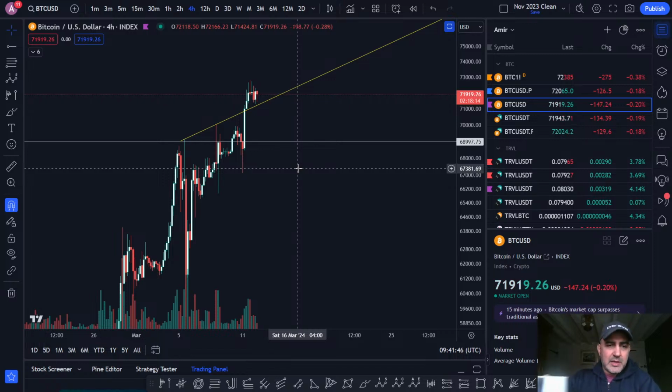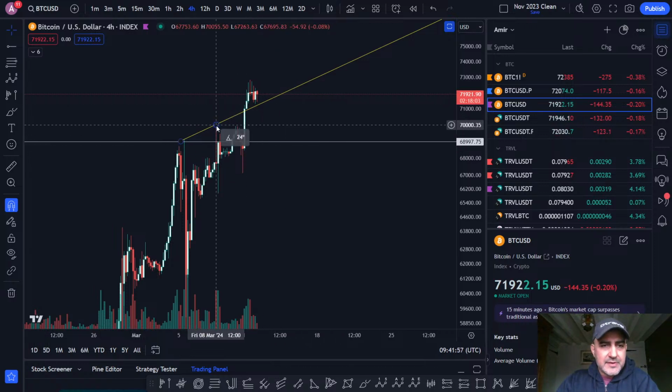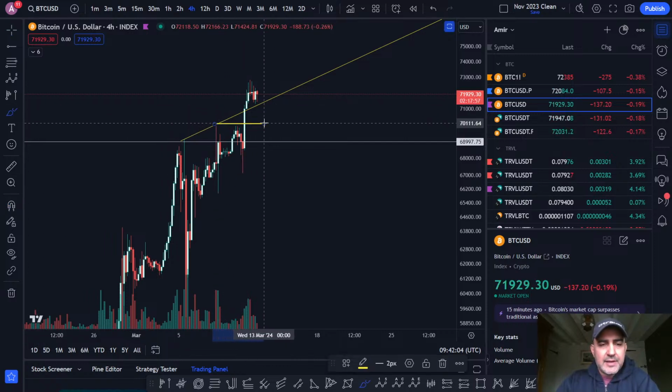Even if we come underneath the local all-time high, the big flip is going to be the previous all-time high. I don't necessarily think that the price needs to hold that, but it will look bearish if we do come down there. It will look bearish, but then where does the price close?